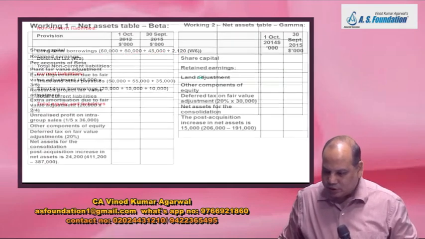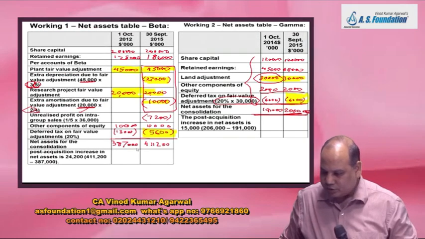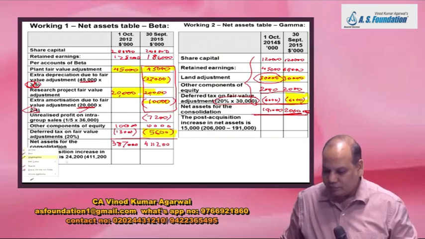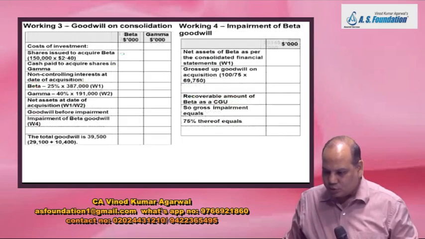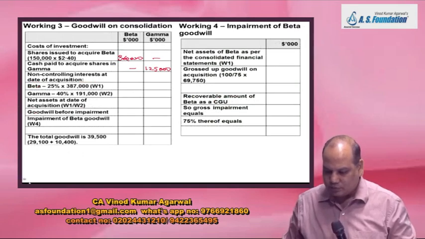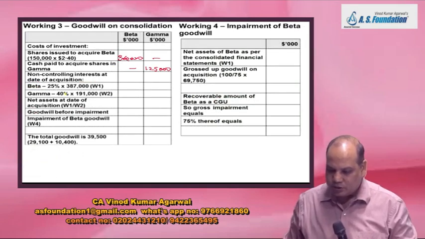Now we'll come back to working note 1. See this number. 3,87,000 is net asset on the date of acquisition. And this 1,91,000 gamma net asset on the date of acquisition. So we'll use it for goodwill calculation. Working note number 3.